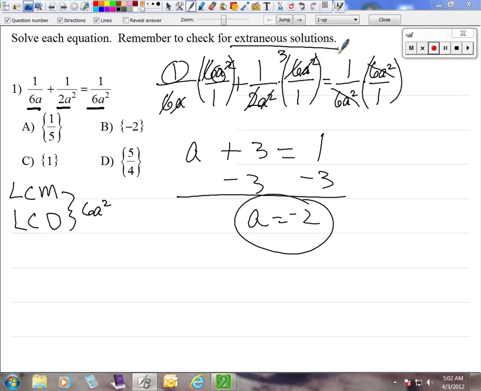The denominator cannot be 0, so we have to remember to look at our denominators and check and see if the solutions we have make any of the denominators 0, which is undefined, because you cannot divide by 0. We don't have an answer for that in the real number system, so you have to make sure that you check for that, and you have to exclude any of those answers that make the denominator 0. But we don't have that in this case. Negative 2 is our answer.